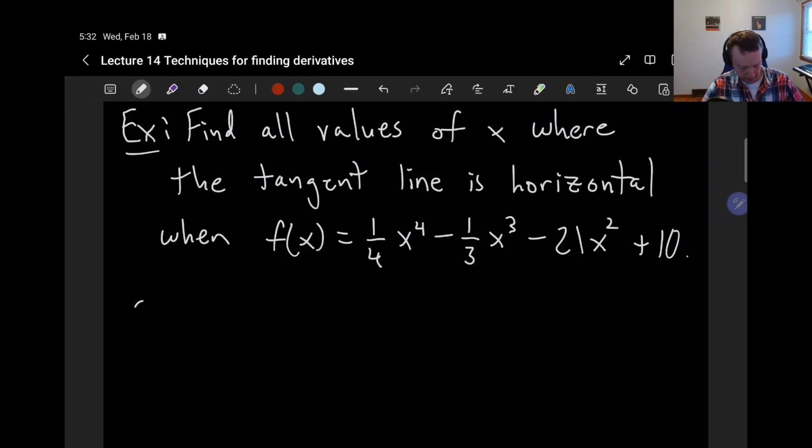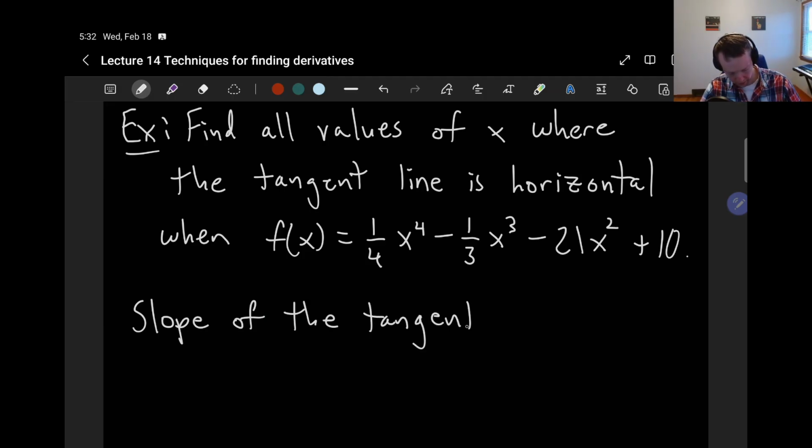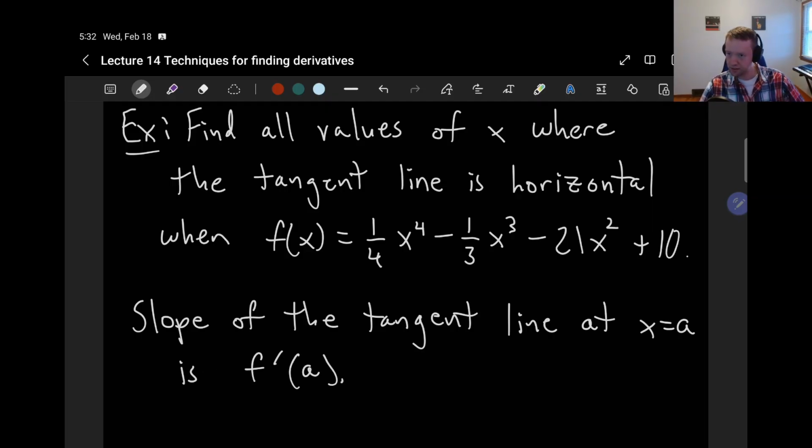So remember that the slope of the tangent line at some x value, it's a different tangent line at any x value, so the slope of the tangent line at an x value is the same thing as the derivative evaluated at that point. These are the exact same thing.